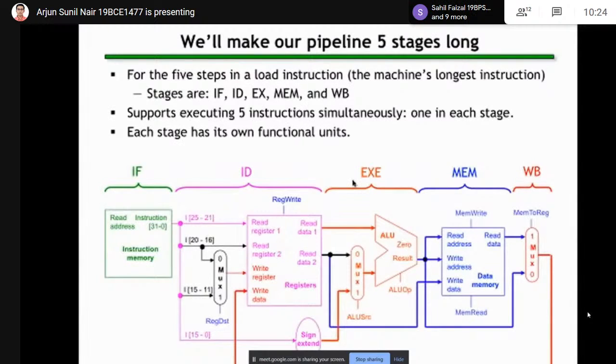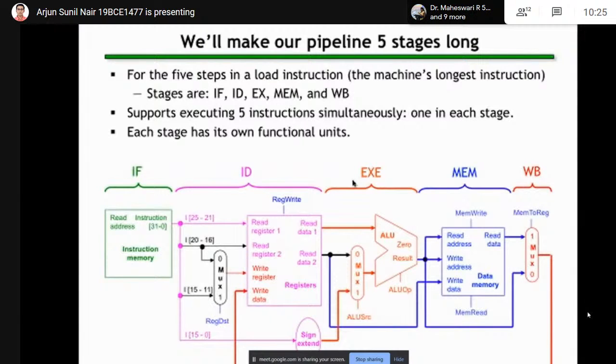Now what happens in the processor is this. We have 5 phases. One is the instruction fetch phase, then the instruction decode, and so on, and then write back. The instruction fetch phase takes the instruction from the program counter, and then it goes to the instruction decode where the instruction is decoded and stored in the register, and the operands that we need are taken from the register file.